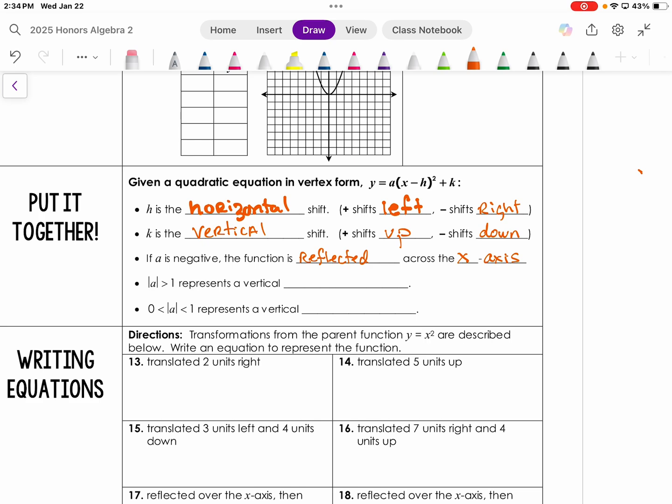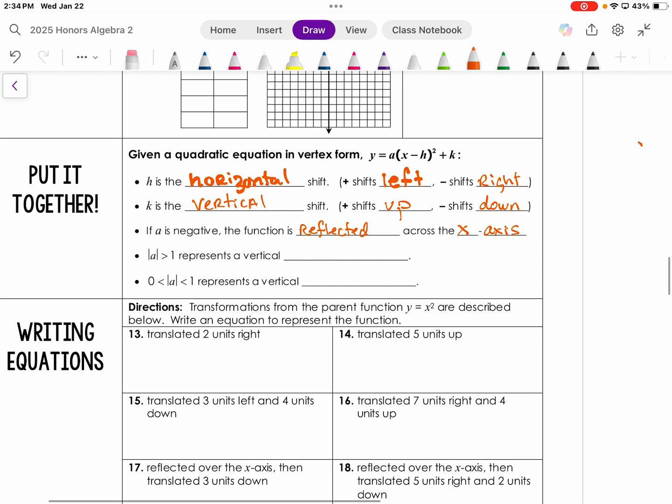Now, going back to when I take away the negative on the a and just think about it being a positive number: if a is bigger than 1, then it represents a vertical what? Stretch. Vertical stretch.